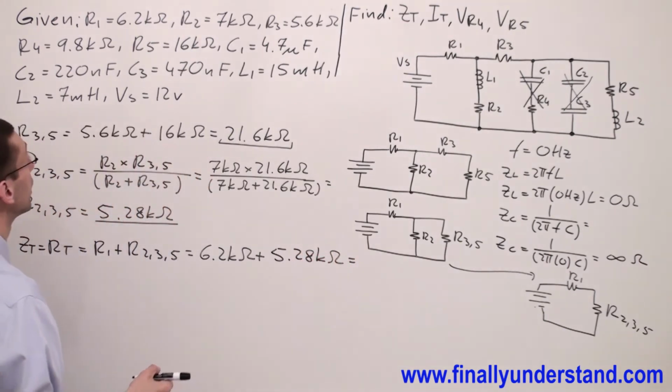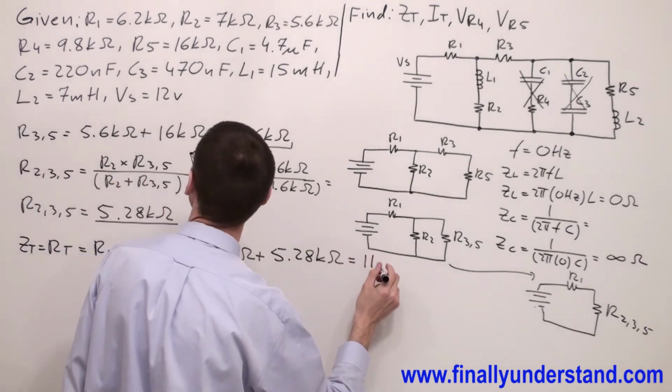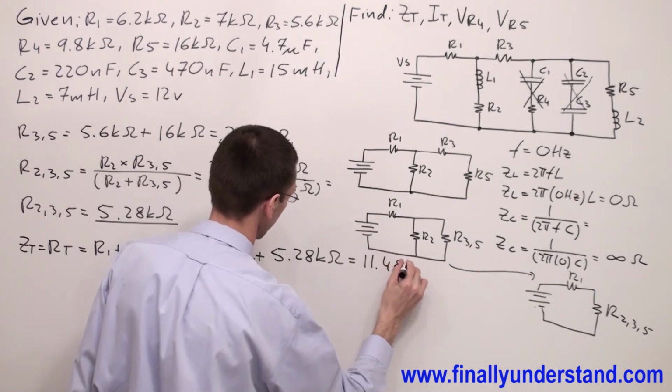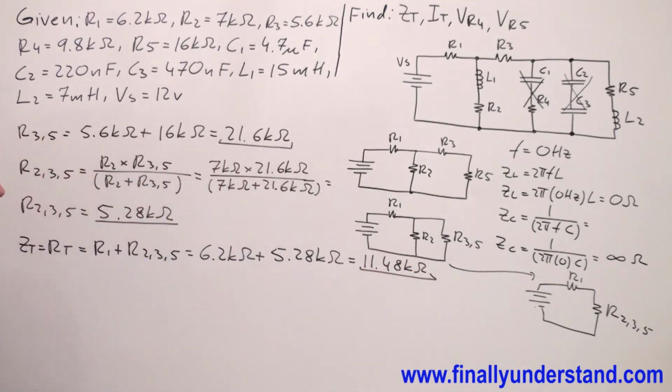Add them up and you're supposed to get the value 11.48 kilo ohms. This is the total resistance of my circuit.